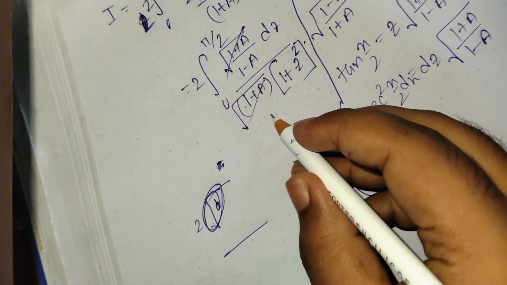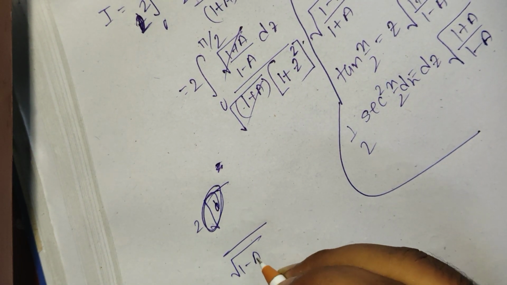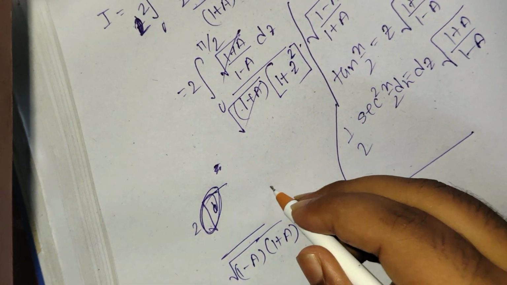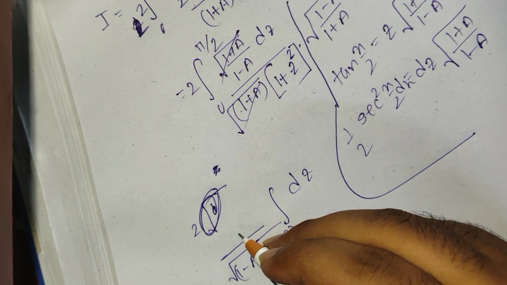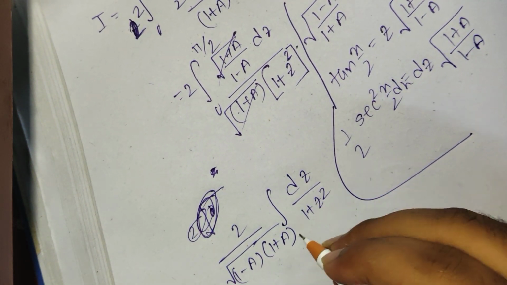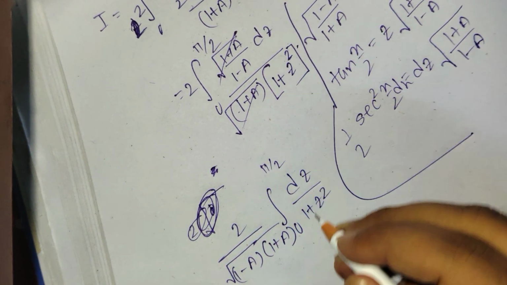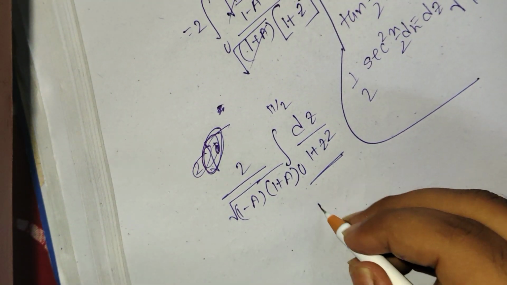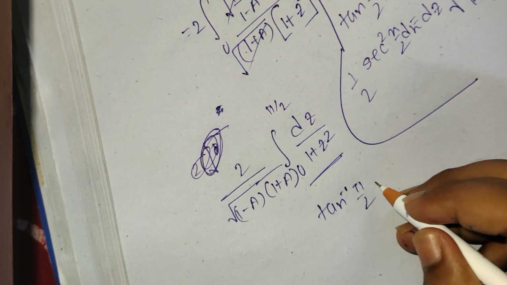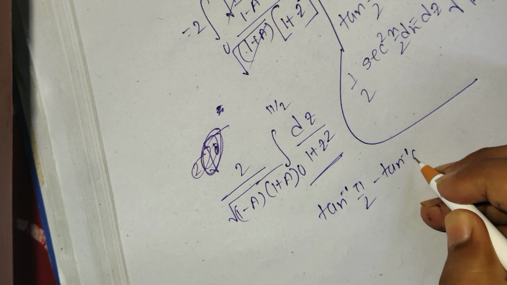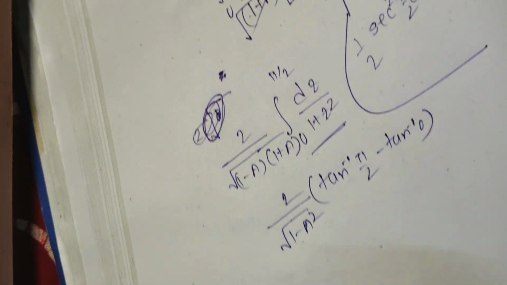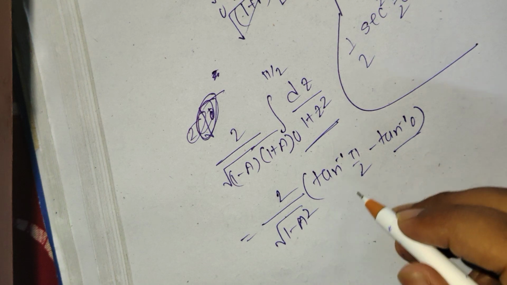So basically this is 1 over root over (1 minus a) into (1 plus a), integration of 2 dz divided by 1 plus z square with limits 0 to pi by 2. Now this is very easy, right? This is nothing but tan inverse z with limit 0 to pi by 2. I am doing a simple step jump, I guess you can understand. 1 minus a square.